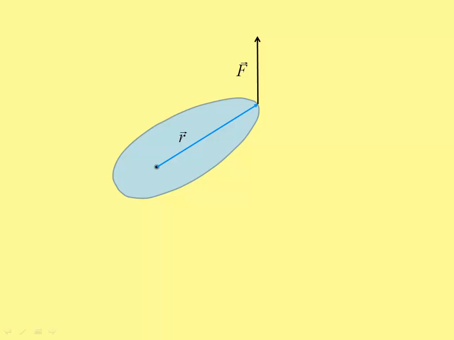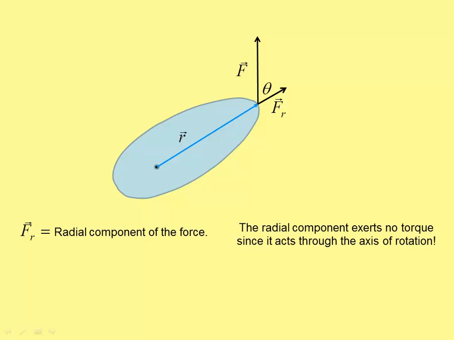Now, we could break this force up into perpendicular components. One of those components could be what we're going to call a radial component. It's at an angle theta to the force. Right? Notice that it is right along the same direction as the radius. But as we just talked about, a force which is parallel to the radius exerts no torque. It acts through the axis of rotation.